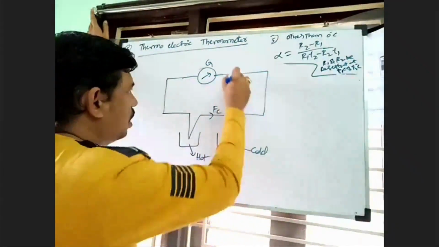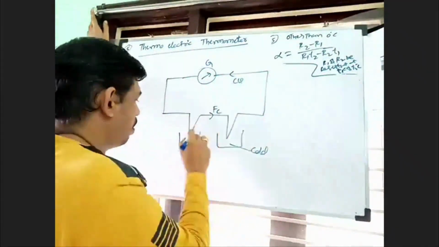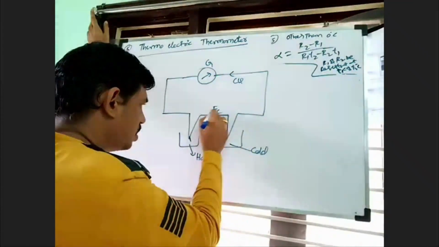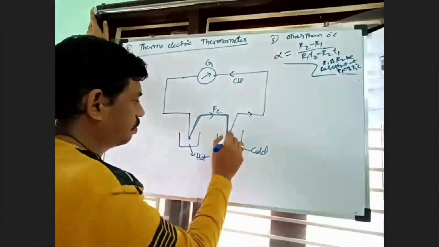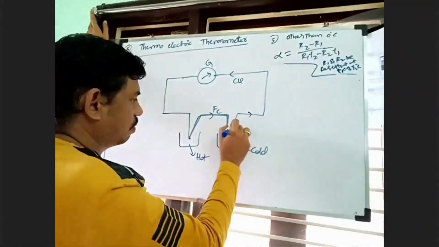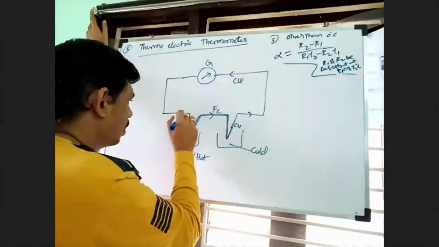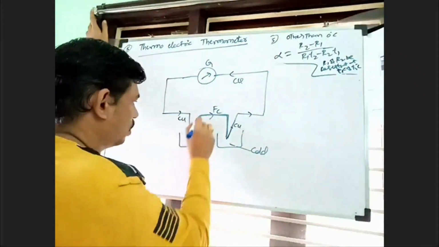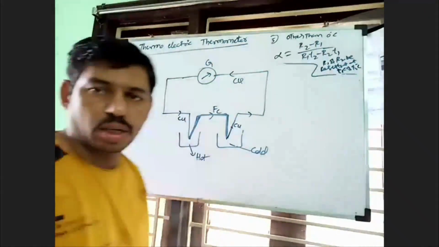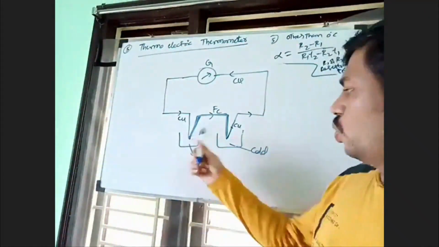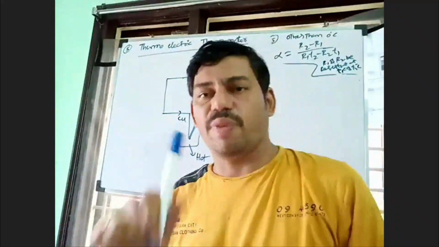This part is iron, the remaining parts are copper. Iron and copper are two dissimilar metals, meaning different metals.